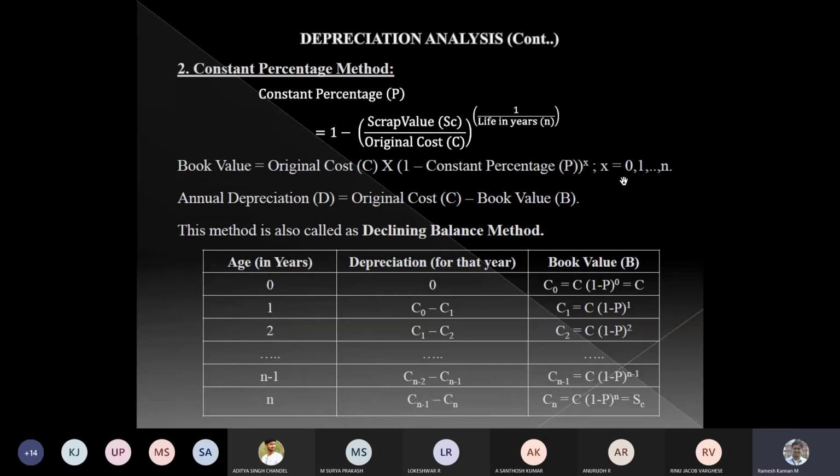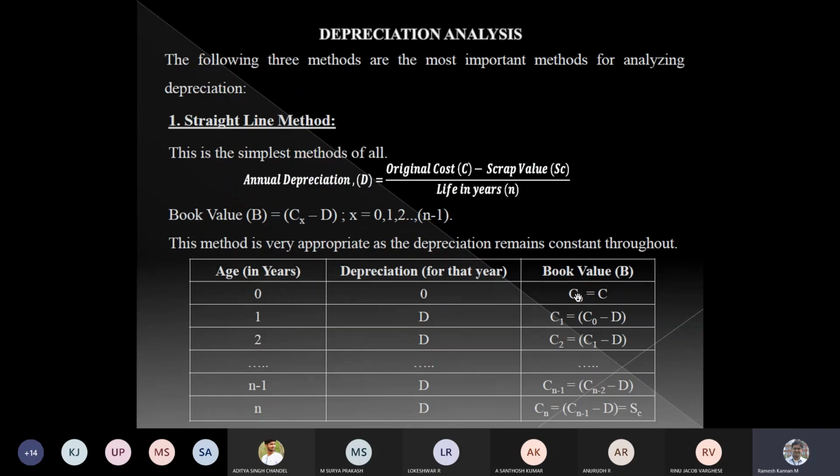Remember, x is 0 to n. So at year 0 it is 0, so 1 minus P power 0 is 1, so C into 1 is C. So in the 0th year it will be the original cost. So the logic is clear. Here also the first thing will be the original cost. There's no depreciation for the year 0.